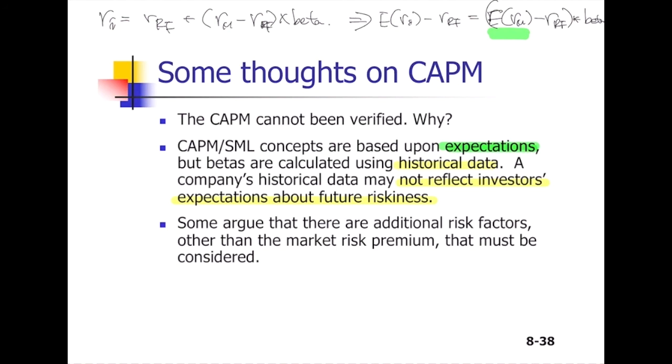For example, an additional risk factor is size, and book-to-market ratio also can be considered as a risk factor. Fama and French suggested a three-factor model: the market risk premium, size, and book-to-market ratio, and they explain how these risk premiums can affect the required rate of return.